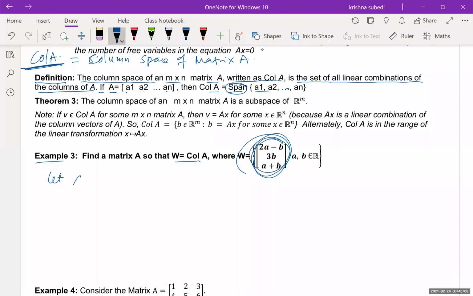So let us suppose that X is in W. Then X can be written as (2a minus b, 3b, a plus b), right? Any object in the container W, in the space W, must be of this form.